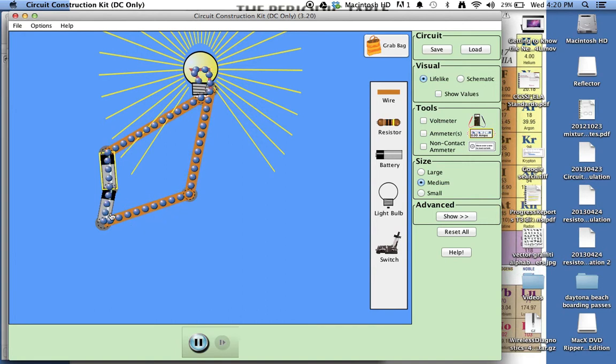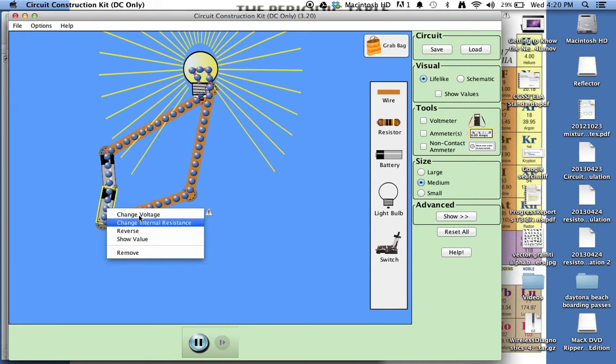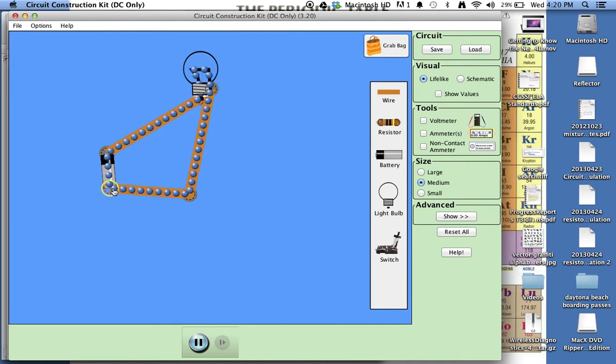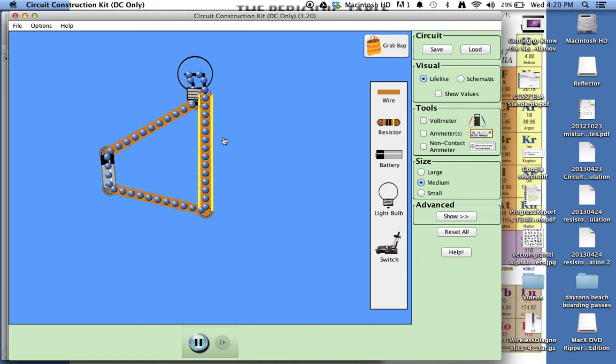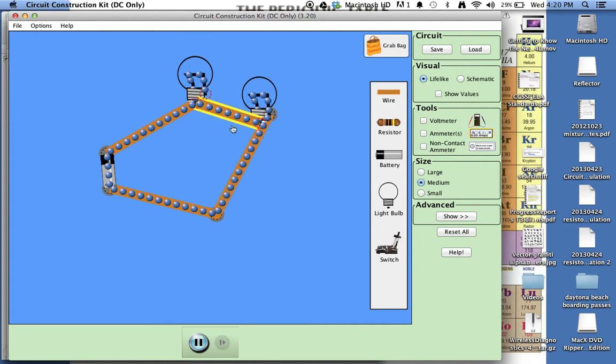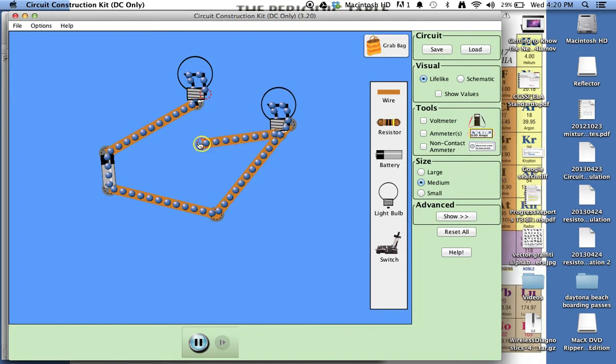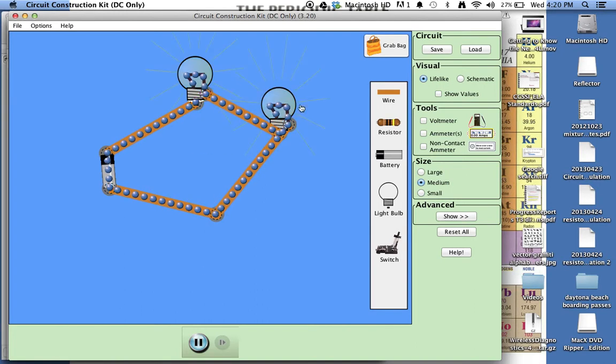Okay, on the other hand, if I go back to my original setup with one battery, and now I add another light bulb, the resistance is going to increase, and the two bulbs will get much dimmer than the original bulb, and the charges are moving slower and slower and slower.